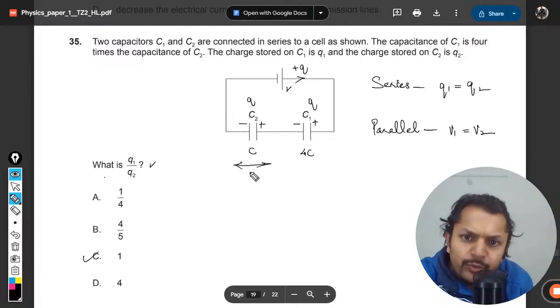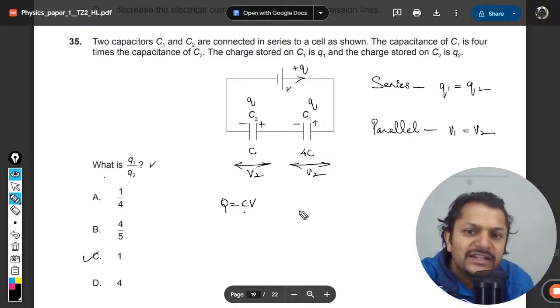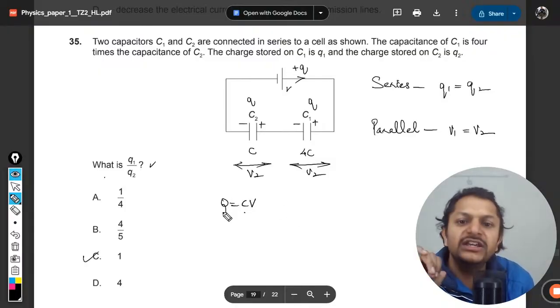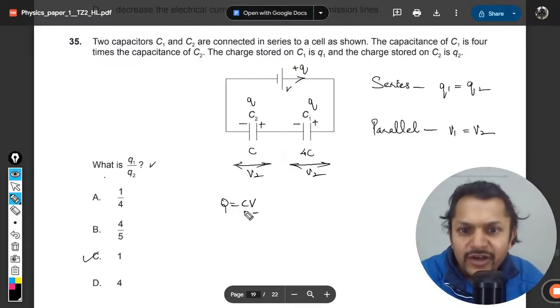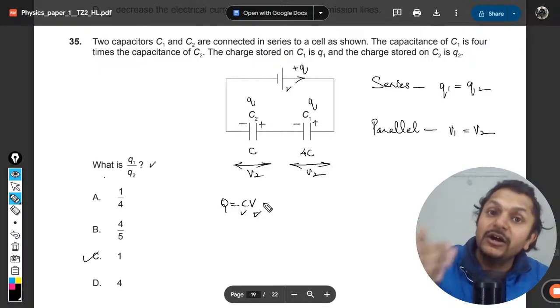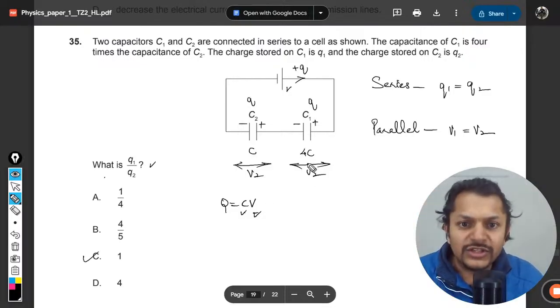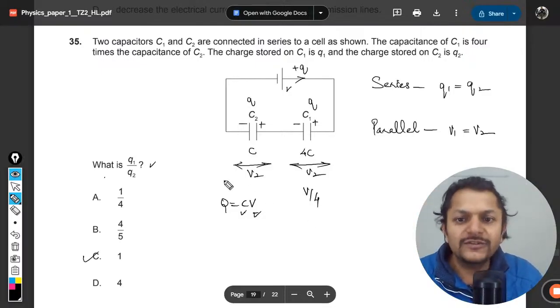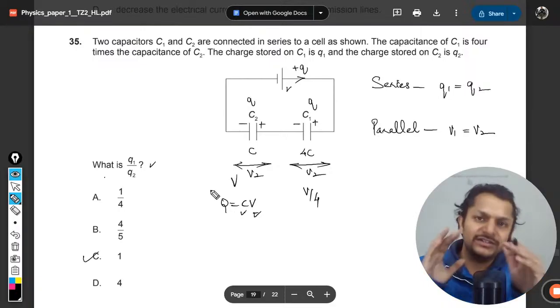Clearly this voltage will be V, this voltage will be V. So Q is equal to CV. When capacitances are not equal, Q is not equal. How can V be equal? If capacitance is 4 times, then the charge will be 4 times, so the voltage across them will be the same.